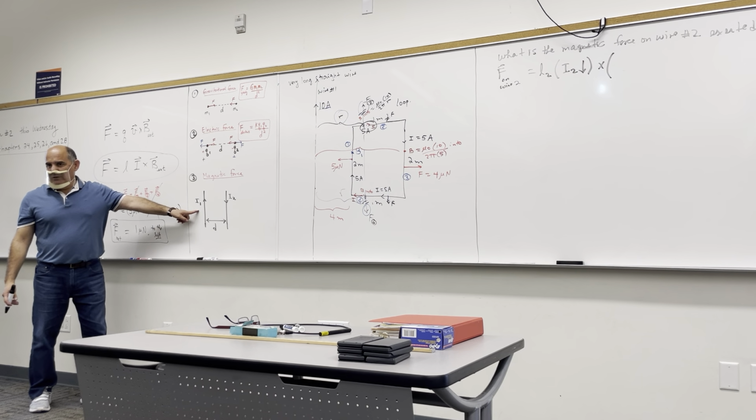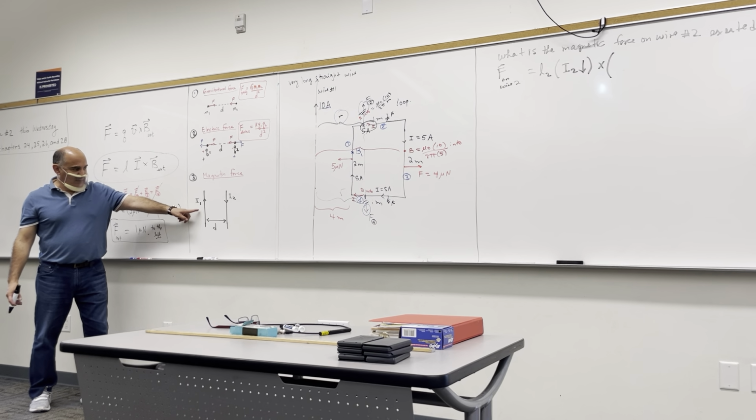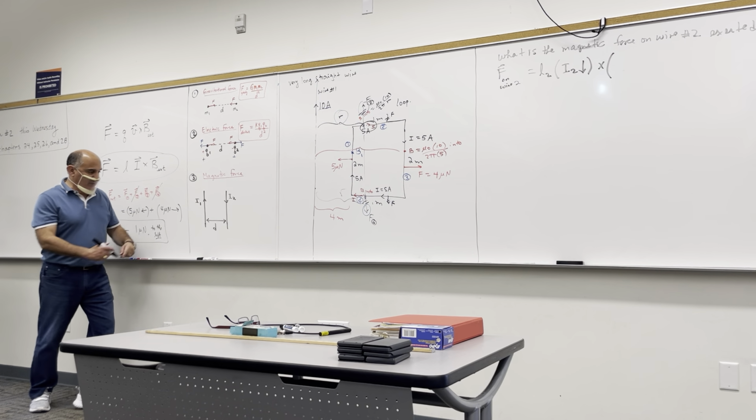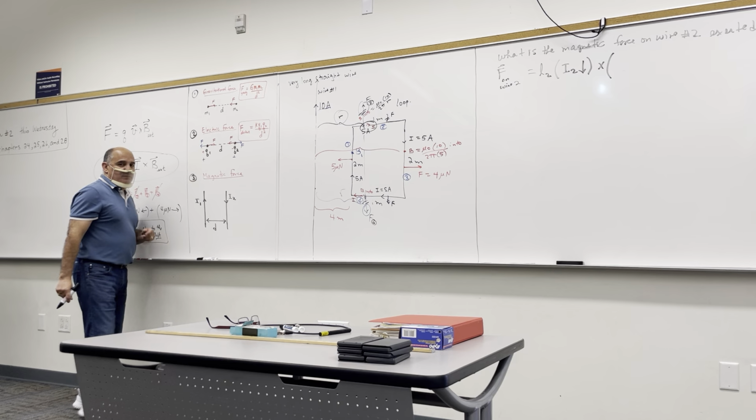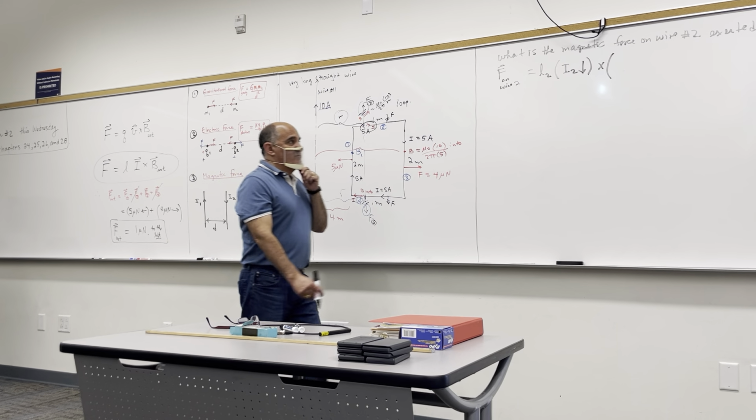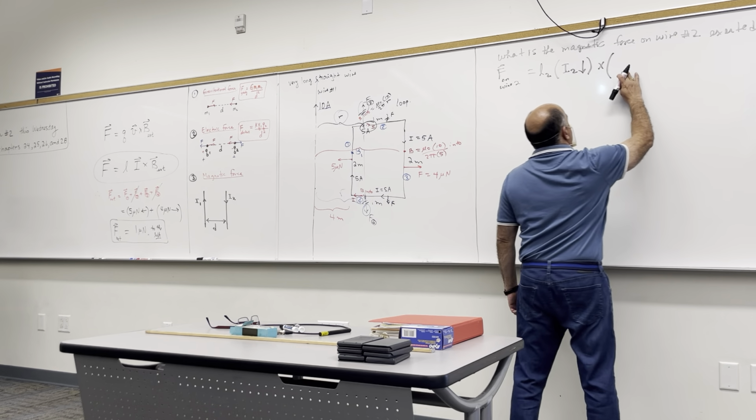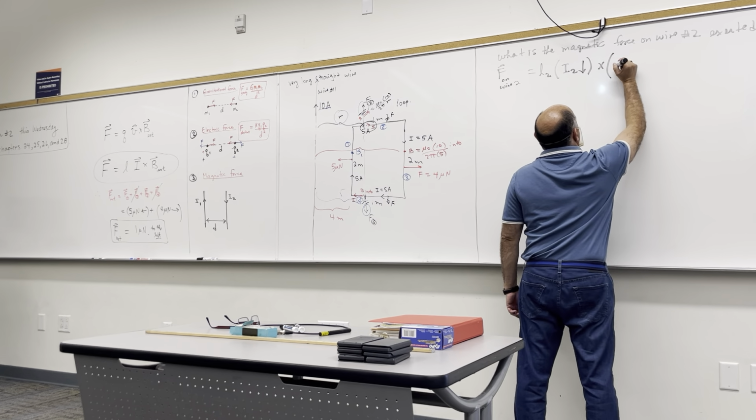It's the current in wire number 1. So in this picture, what is the magnetic field that the current I1 in wire number 1 exerts on wire number 2? What should I write down? Mu naught I1 divided by 2 pi d. Exactly. Which way? Into the board.